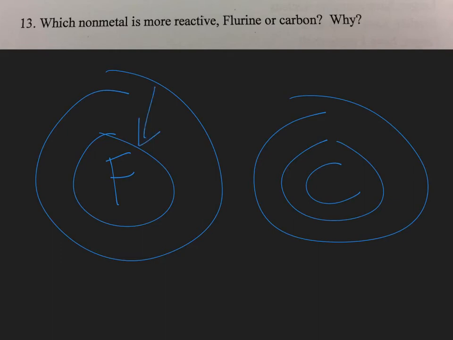If you're talking about reacting with other elements, the fluorine nucleus is able to attract outside electrons more strongly than carbon, because carbon's nucleus is farther away, so it's not going to pull as strongly. So the answer here is that fluorine is more reactive because its nucleus is able to get closer to the electrons of other atoms because it's smaller.